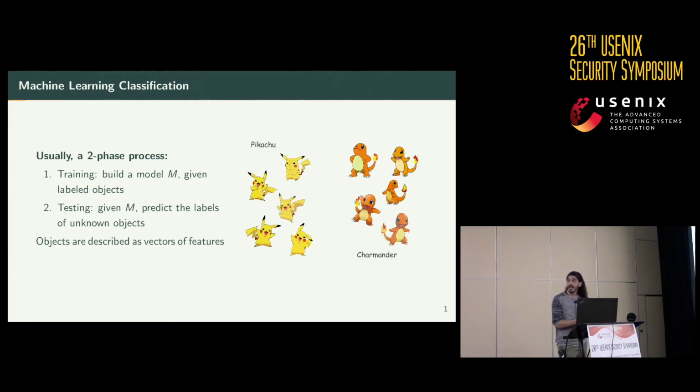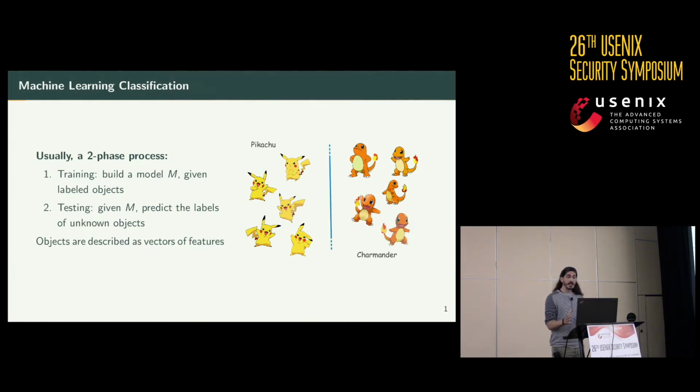Here we have an example. We have two sets of objects. On the left-hand side we have the Pikachu, and on the right-hand side we have the Charmander. These objects can be described with the color and the shape, and training the model means we want to separate the feature space in such a way that all the objects with the same label are grouped together.